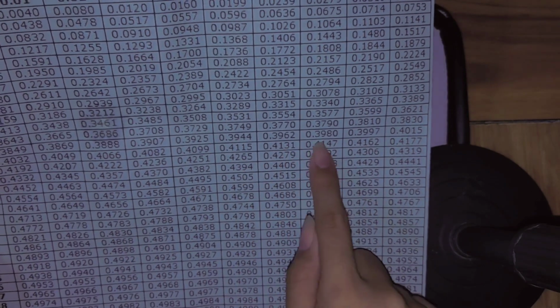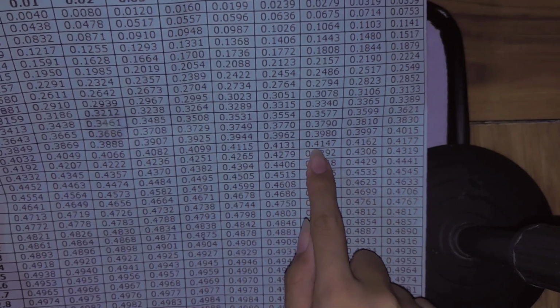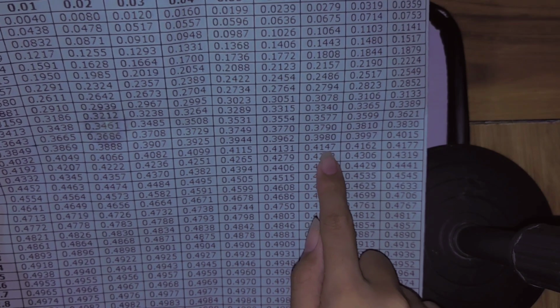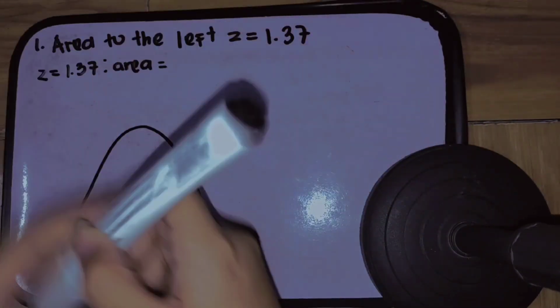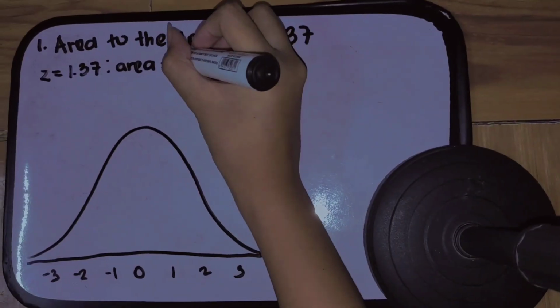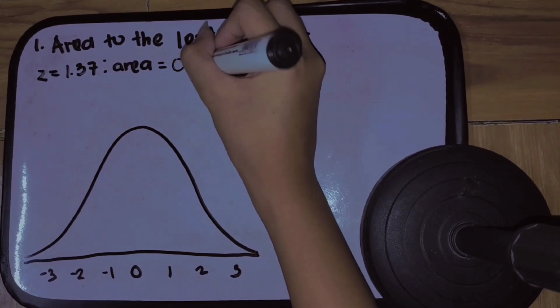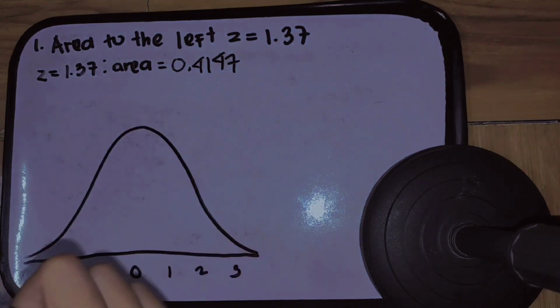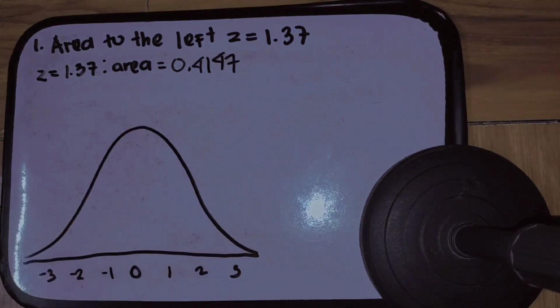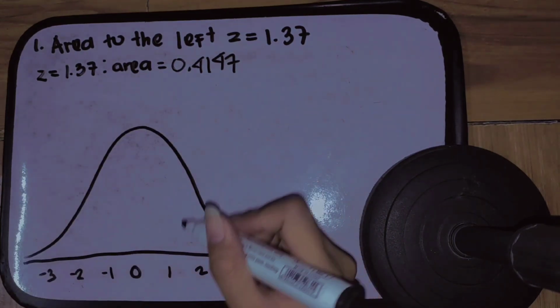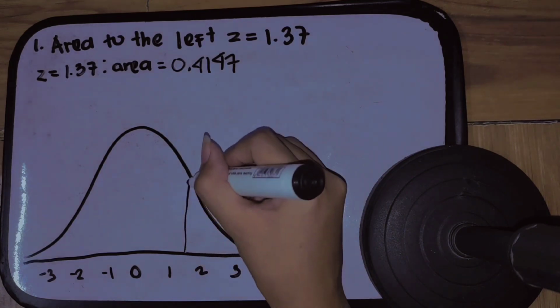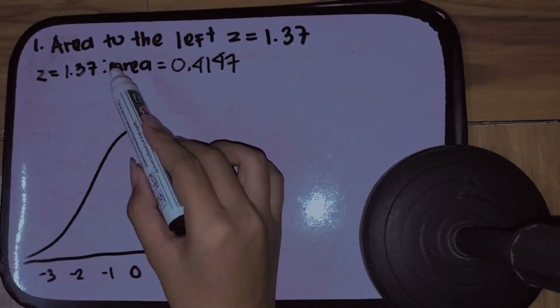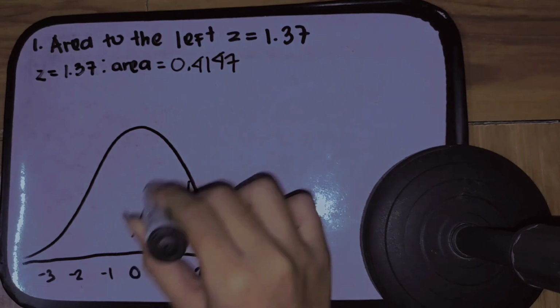So, here, 0.4147. So, let's shade. So, 1.37, sabihin natin nandito. Sabi dito, to the left. So, ito ulit yung shaded part.